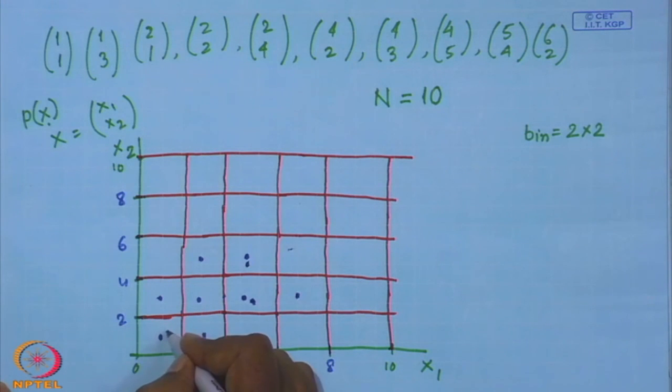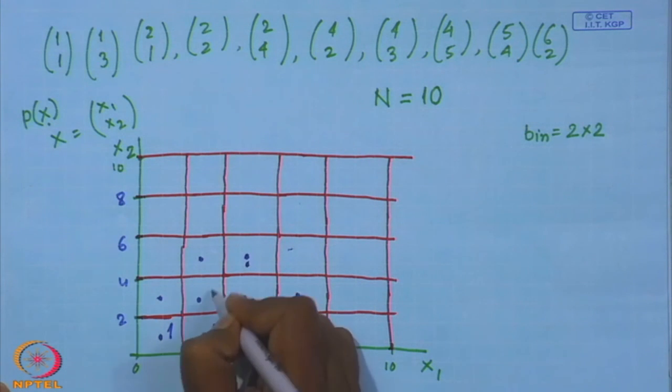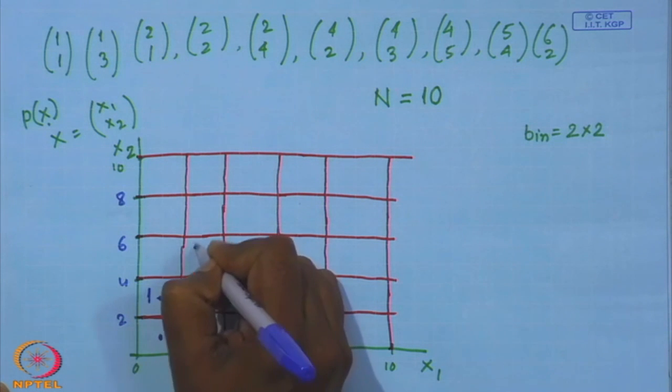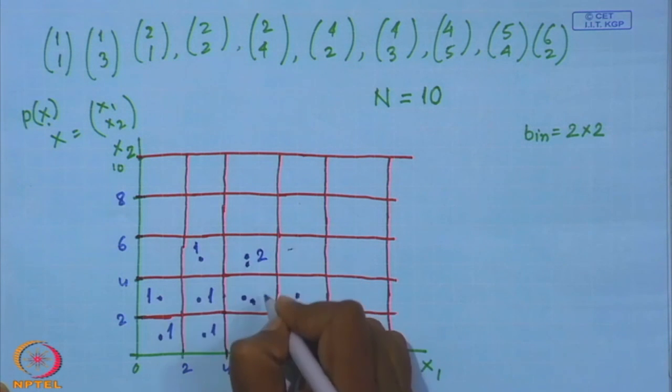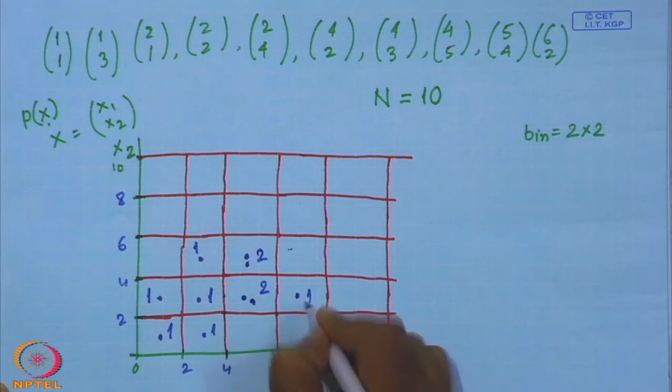So, you find that here I have only one sample, here one sample, one sample, one sample, and here I have two samples.